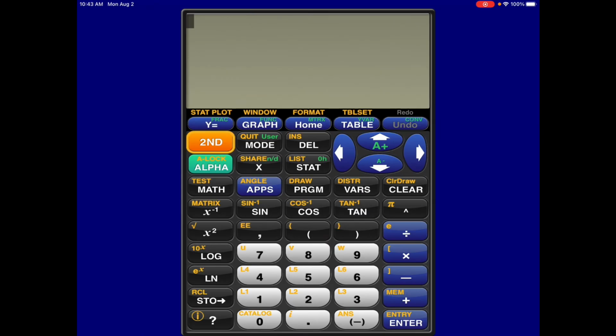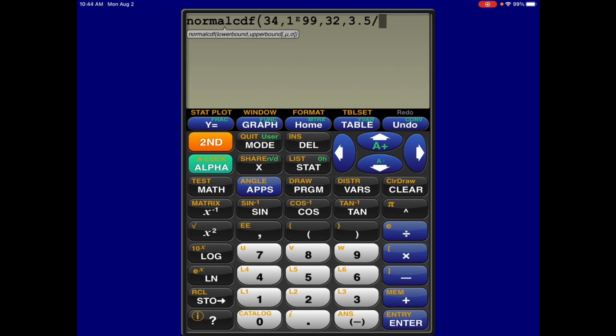On the calculator, we go to second, vars, and down to normal CDF. Our lower bound is 34, comma, upper bound is 1E99, comma, our mean is 32, and then our standard deviation this time is the standard deviation we have divided by the square root of our sample, and our sample is 20.